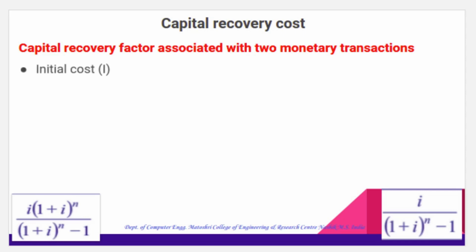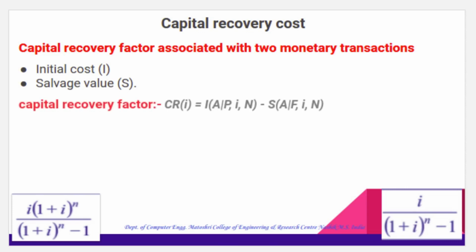Two general monetary transactions are associated with the purchase and eventual retirement of capital assets, that is the initial cost I and then the salvage cost or salvage value, denoted by S. Taking into account these, we calculate the capital recovery cost: CR is equal to the initial cost times (A/P), and the salvage value times (A/F).